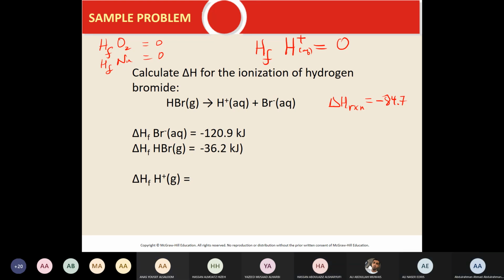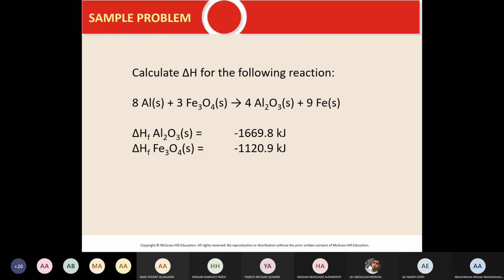Yes, absolutely true. Why? Because what's the heat of formation of H+? 0. That's why. Is this clear? Is this gas or aqueous, Doctor? I said gas. Oh, mistake. Yes, of course, aqueous. You cannot have H+ as gas. It's aqueous. Thank you very much. I will actually change it right away, inshallah. Okay, good. Now, let's solve this question quickly.